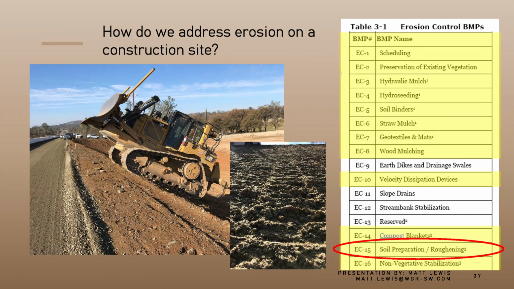You can see the bulldozer going up and down the slope, tracking, creating the footprint of the tracks in the slope, which are actually little tiny velocity dissipation devices. A lot of times on levees, for instance, this is a levee here, contractors will save an expense by track walking. And it works.